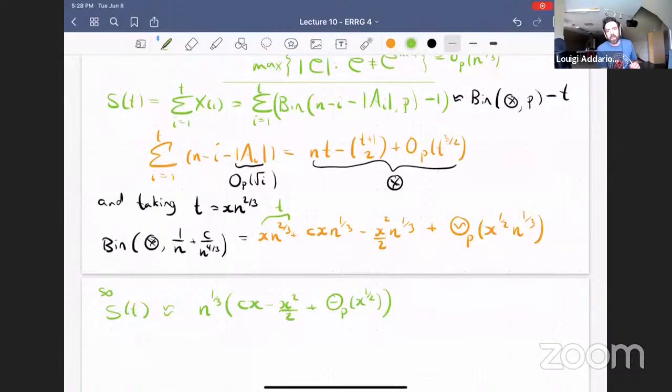And now I'm going to appeal to, so there were some questions in the chat. I'm approximating the binomial by its expectation. Well, but then I am keeping track of this additional randomness. And thanks for catching the 1/2.